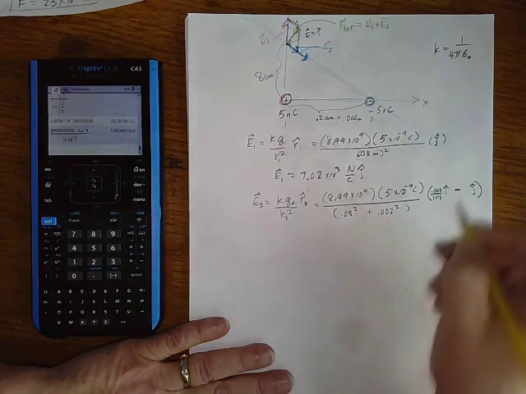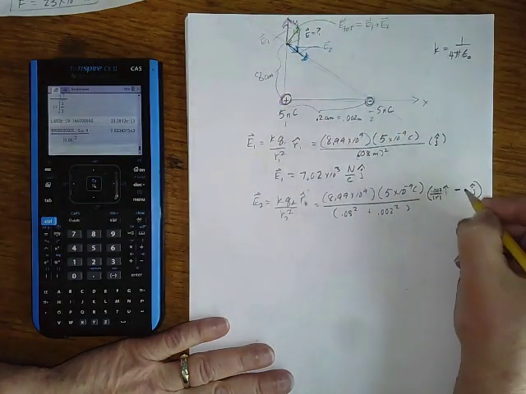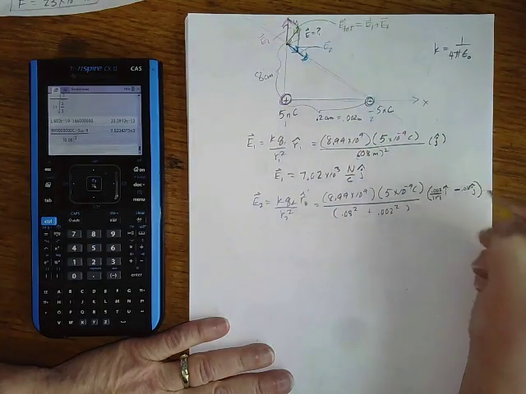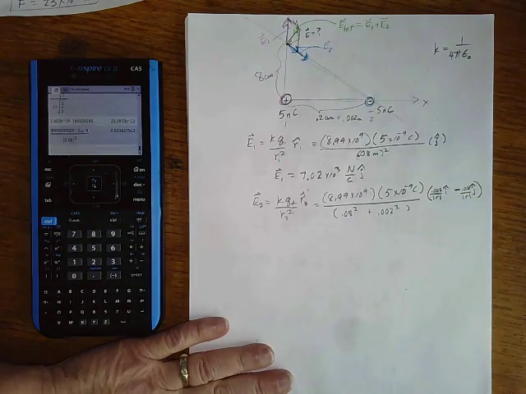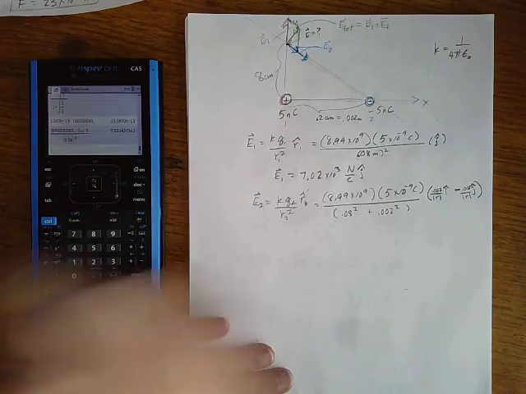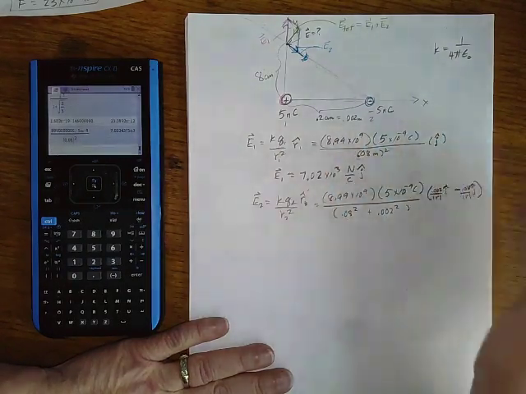And then the y part is the y part of the triangle, which is 0.08, divided by this magnitude of r. In class we did it all just in centimeters, or we could do it in millimeters, or in meters. For this, it's just a ratio, but since we already converted things to meters, let's just keep it there.